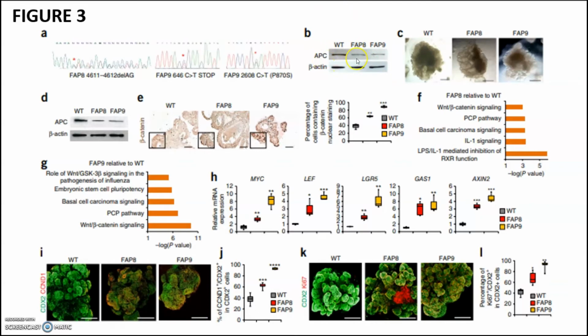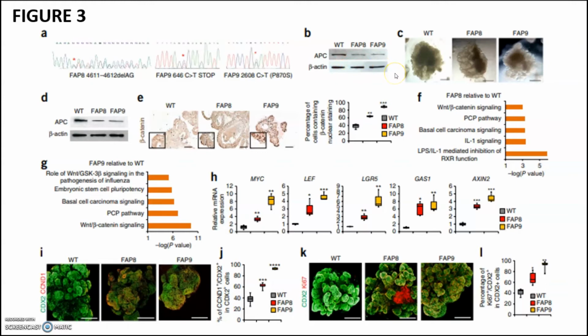And then in figure B, we have Western blotting, which showed that the wild type had higher APC expression versus FAP8 and FAP9, which is good because the loss of APC is known to enhance proliferation. So we have enhanced proliferation in FAP8 and FAP9 for the APC, and the beta actin was fairly the same throughout the wild type, FAP8 and FAP9.